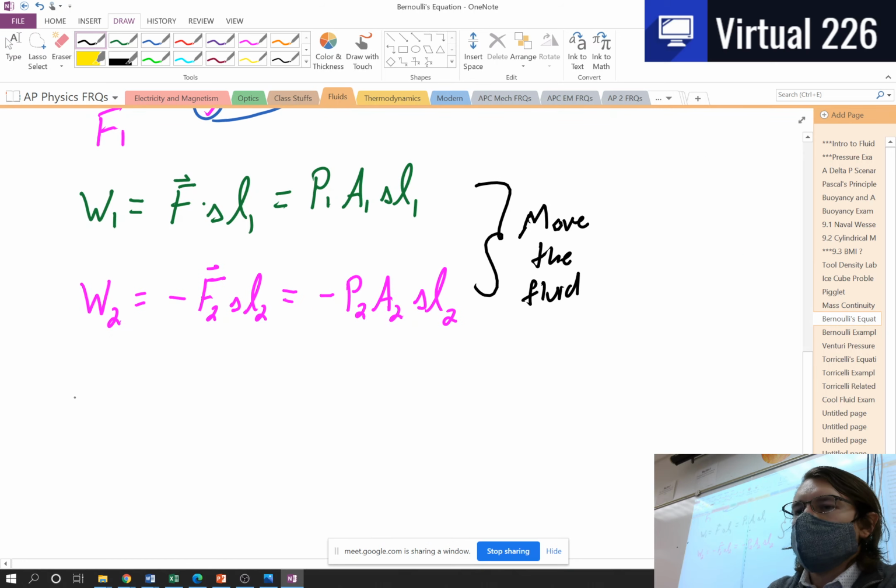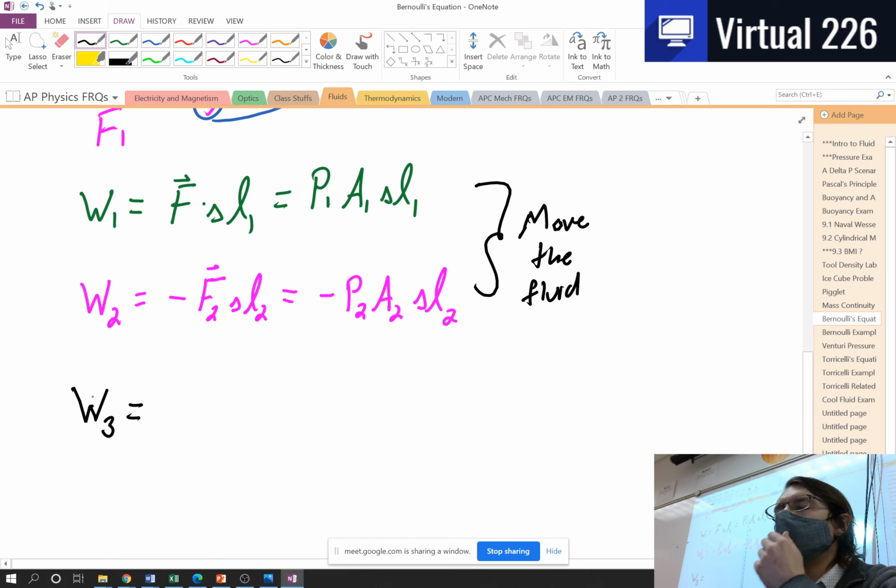This will be work number 3. We know from last year that potential energy due to a gravitational field was mgh, right? So mass multiplied by the gravitational acceleration here on Earth, multiplied by the difference in heights that you were at.